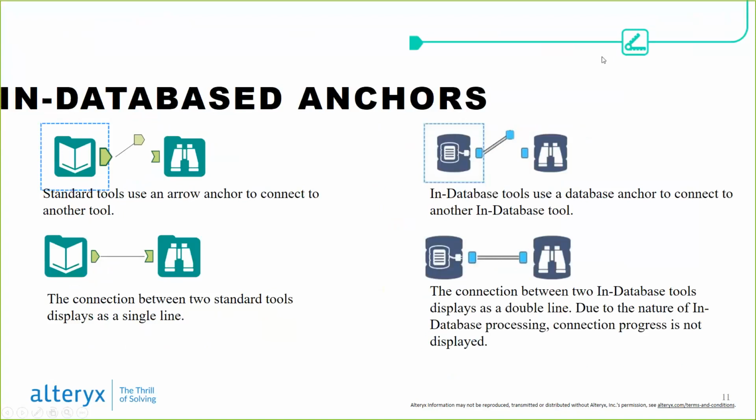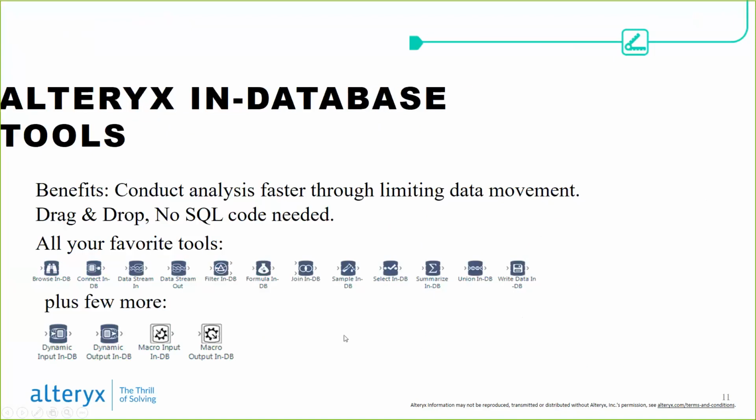You'll see that most of the standard tools differ in the sense that they don't have the slate gray color, and in addition, they have a different anchor color. These in-database tools have little blue anchors, and the connection between the anchors has that double pipe, a nice thick pipeline, so you can see what that looks like. As I mentioned earlier, there are a few tools in here that are really new compared to what you might be working with in Alteryx.